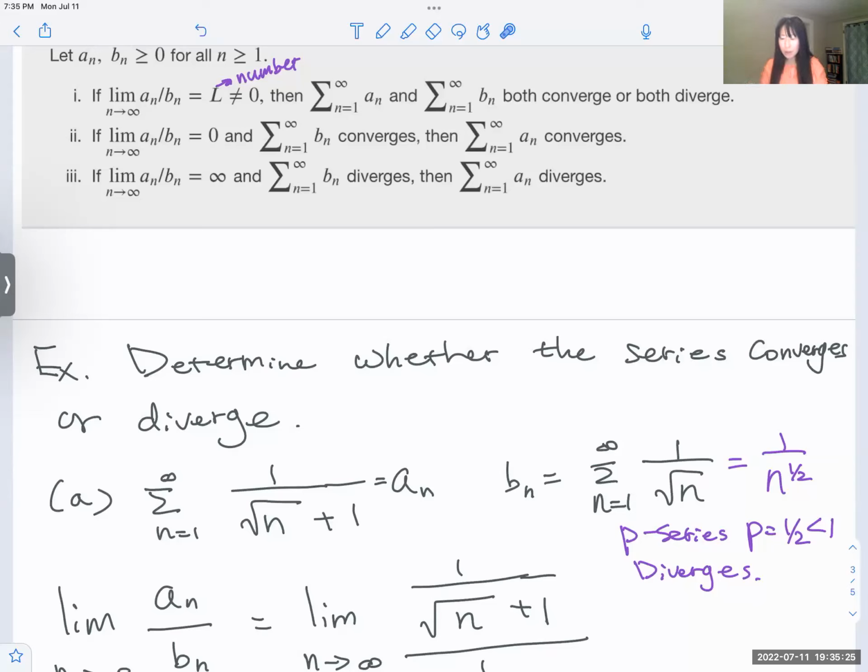If we get a number not equal to 0, then we go to B sub n, determine whether it diverges or converges by the test, and then we can conclude that A sub n also converges or diverges.